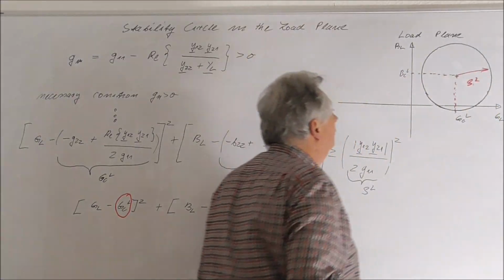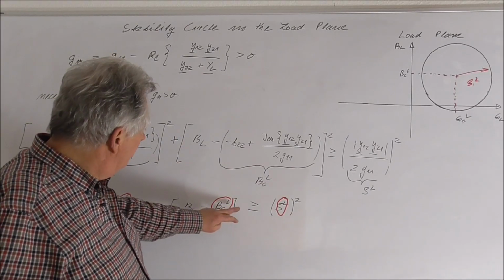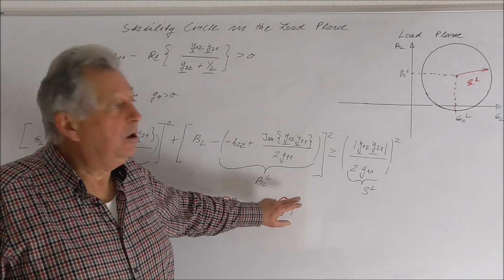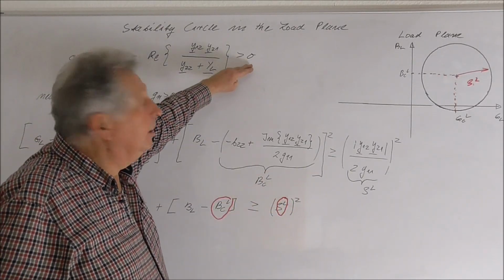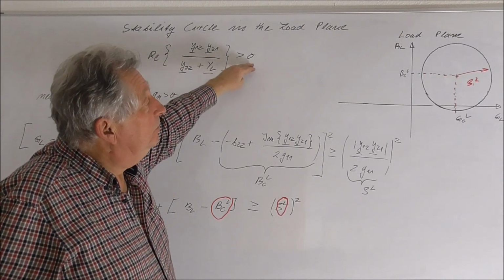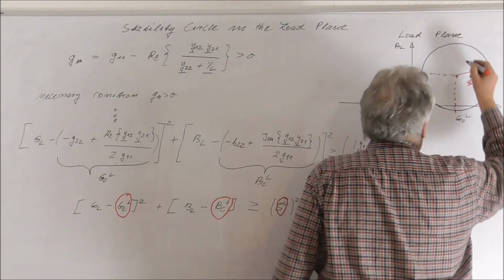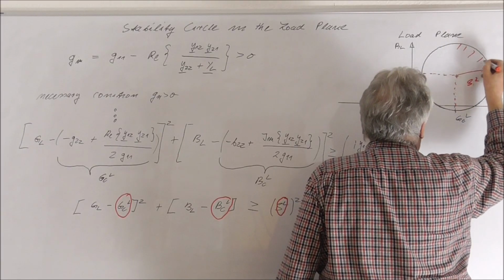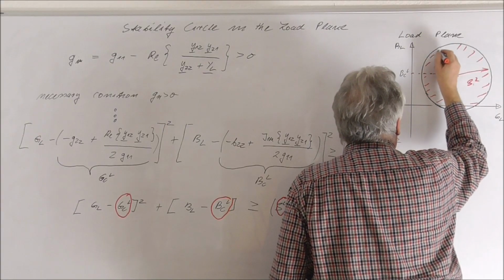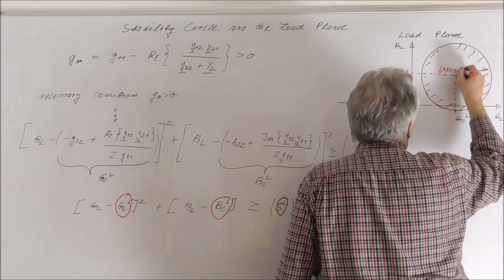This is our radius of the circle, and we see that as long as this term is greater than the circle, then we have a positive input conductance, which means we have a stable system. So as soon as our YL comes out of this circle, we have the problem that it is unstable.